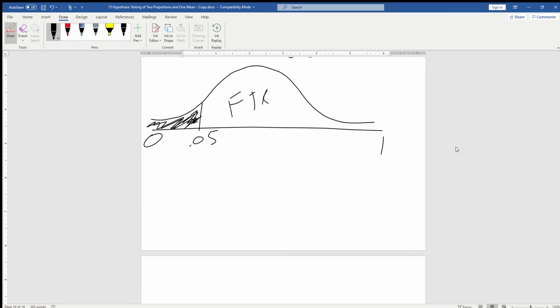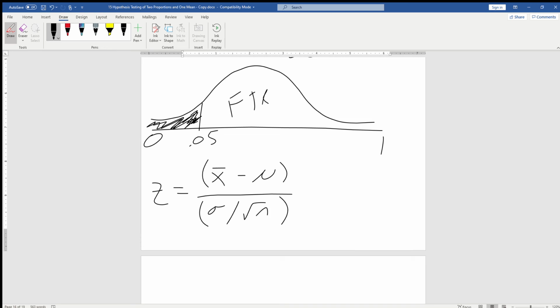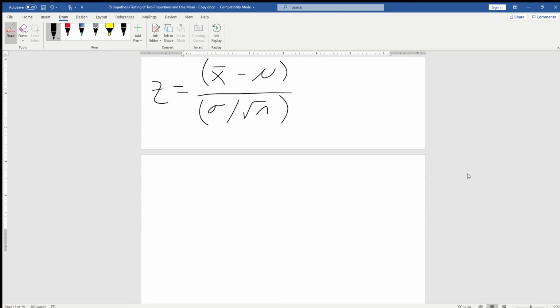We're going to use our formula. Remember, the formula is X bar minus mu, divided by sigma over the square root of n. Notice we put parentheses around both the numerator and the denominator. X bar was found to be 895, the Virginia SAT scores.